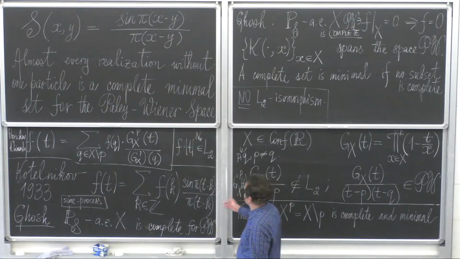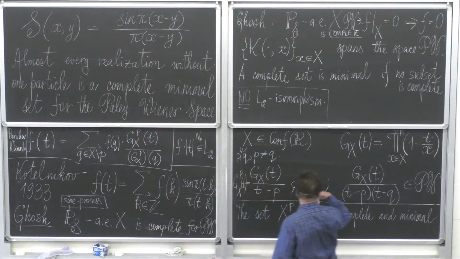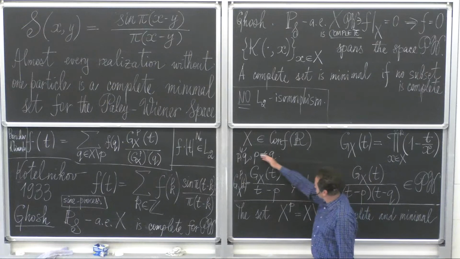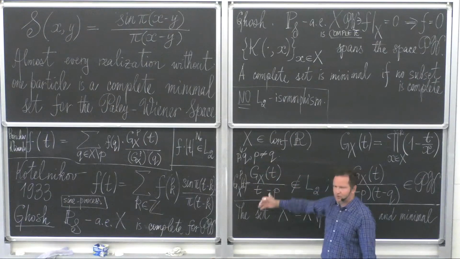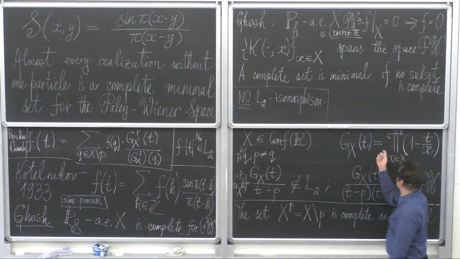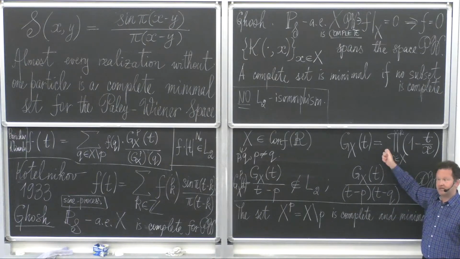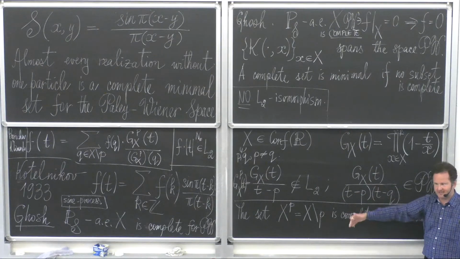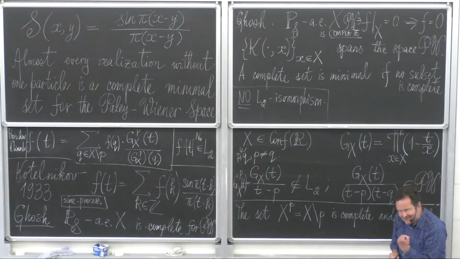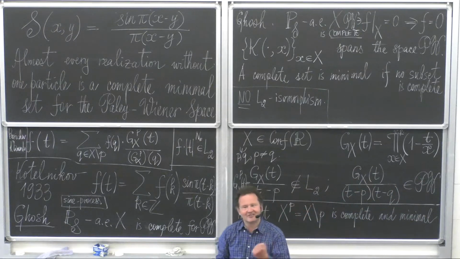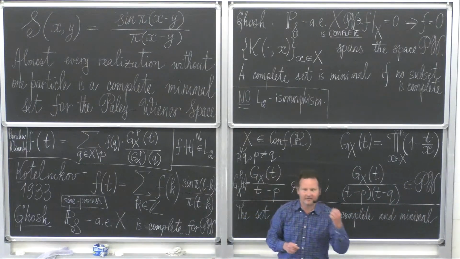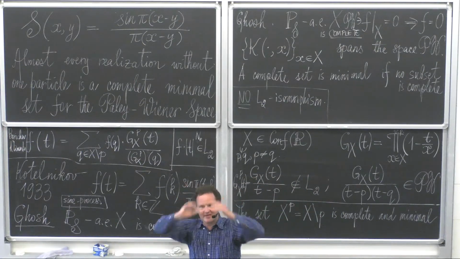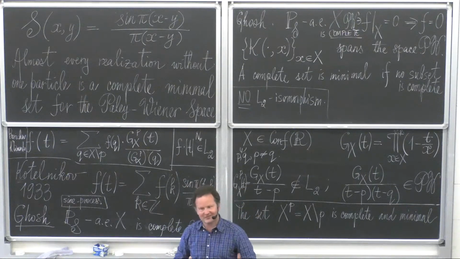In fact, the intuitive, informal reason for this is that if x were Z, then this would be just the sine function. So sine t over t is a function which is in L2. But the random function, because of the central limit theorem of Johansson and Soshnikov, sometimes becomes very big, and if you divide by t, it's not enough.